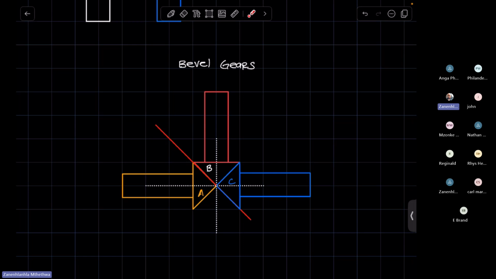So for instance, if you look at the gear in the middle here, if you are looking at a bevel gear that is meshing with the gear on the left of this gear, those two gears tend to go in the same direction.